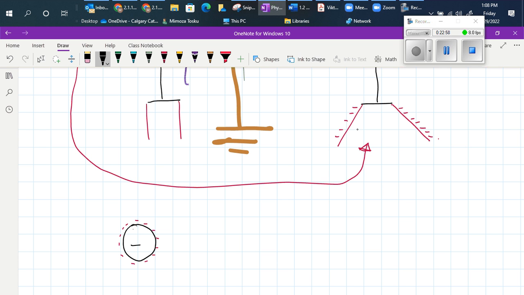However, if you have an object that is pointy, let's suppose that you have something like this, and this object is again negatively charged, you will notice the concentration of the charges near the pointy area of the object is way more than the concentration of the charges when you have this kind of flat area here.